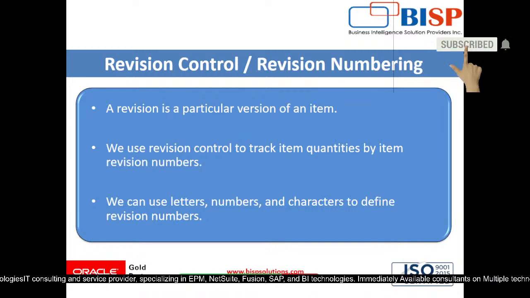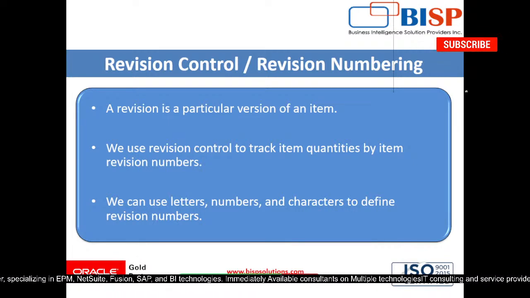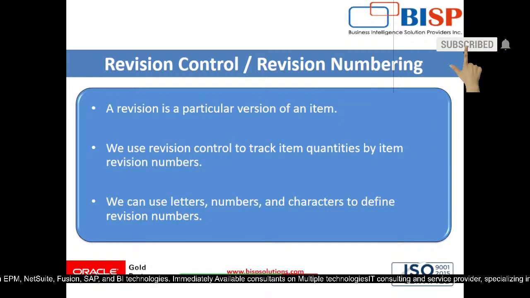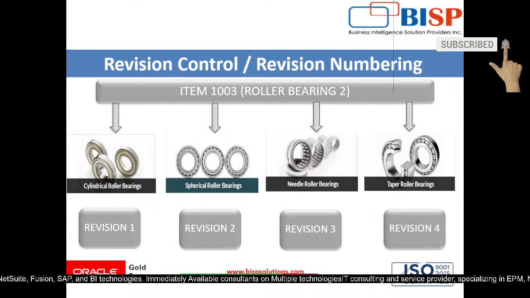So we use revision control to track the item quantities by the item revision number, right? And we can use a letter, number, or character to define the revision number. Let's take an example of revision control and revision numbering.